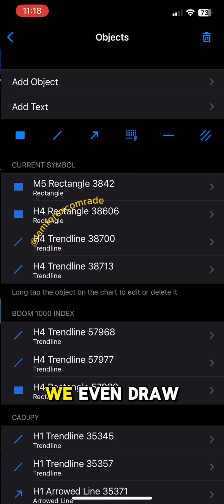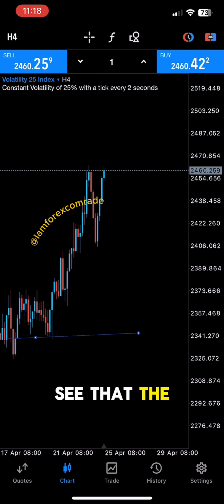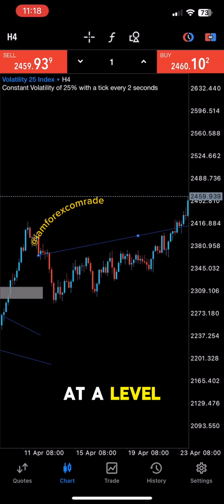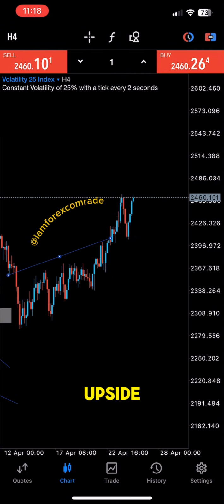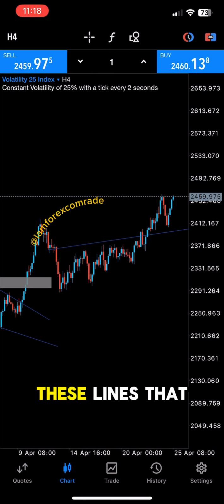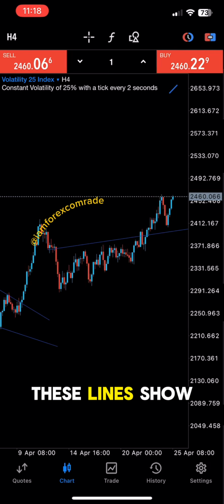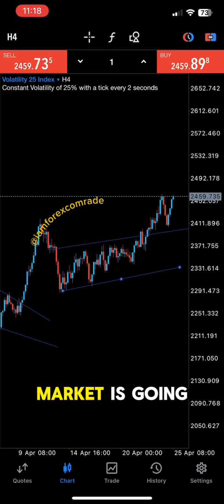So clearly, before we even draw the lines, we can see that the market is at a price level that it has reached before and failed to break to the upside. Other important things are these lines that I'm currently drawing. These lines show us where the market is coming from and where the market is going.